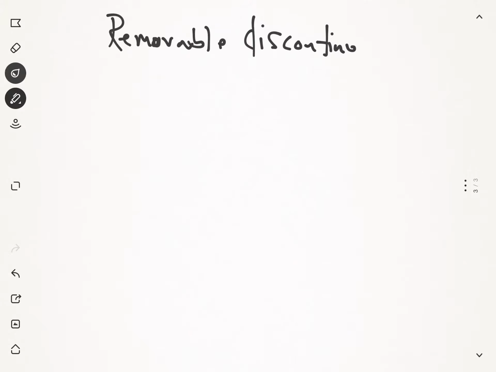Removable discontinuity. So here's an example of removable.